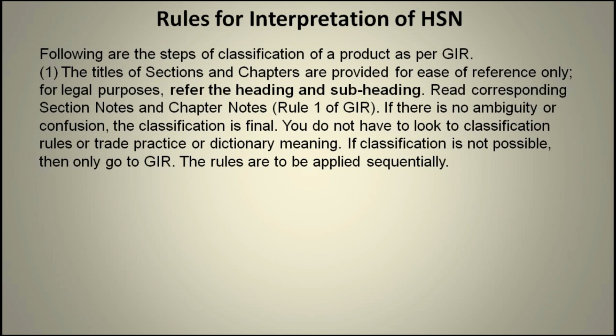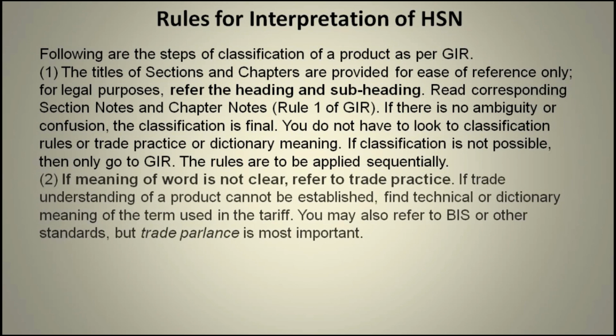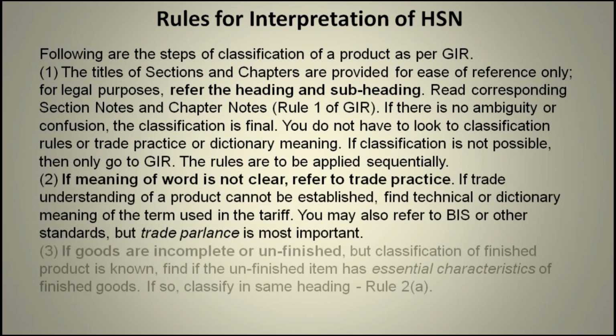These rules are to be applied sequentially. If the meaning of the word is not clear, refer to the trade practice. If the trade understanding of the product cannot be established, find the technical or dictionary meaning of the term used in the tariff. You may also refer to the BIS or other standards, but trade parlance is most important.